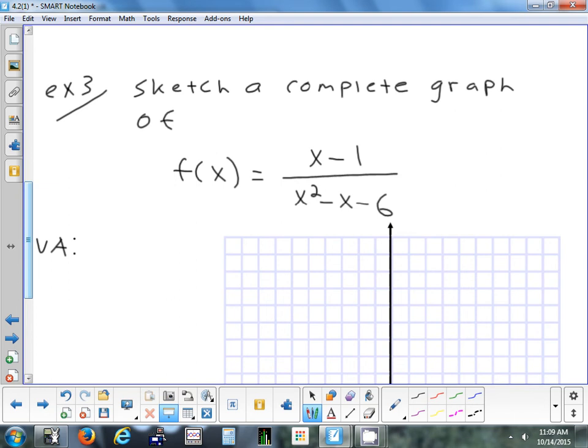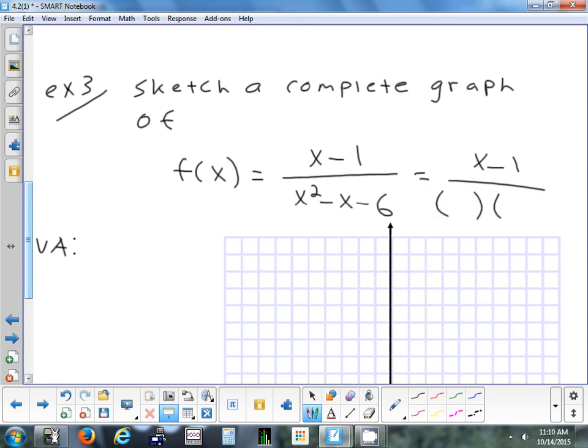Remember how we get those? When the denominator equals 0. Good. When the denominator equals 0, as long as this x minus 1 is not a factor in the bottom. If it is, we'd have a hole there. But I don't think x minus 1 is going to be one of the factors.